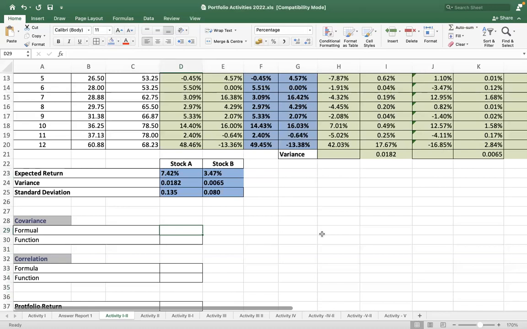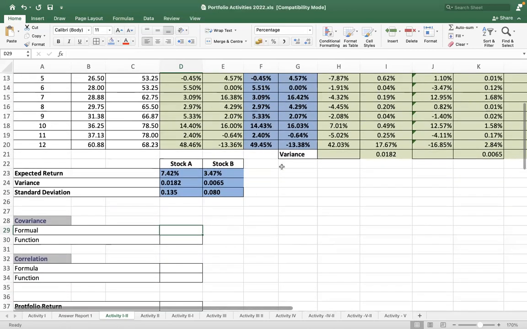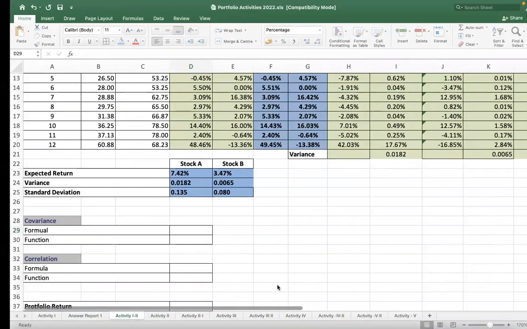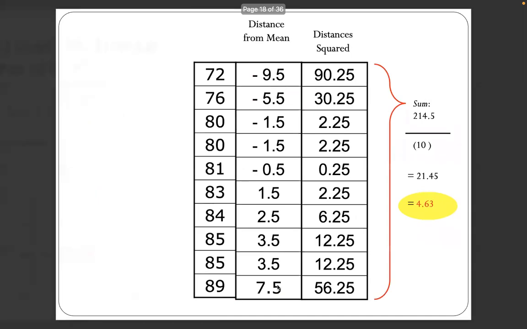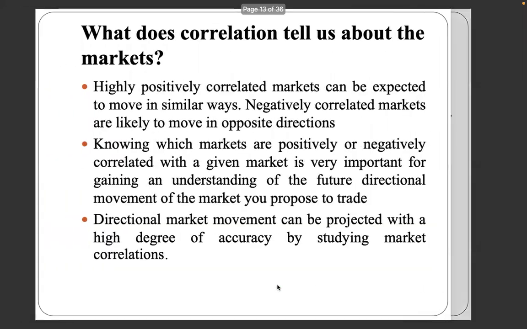Then we can calculate the covariance, right? The covariance is needed to calculate the correlation as well as portfolio return, right? Since we have two stocks, we need to calculate the covariance, right? How do you calculate the covariance? Here I have given the formula earlier.